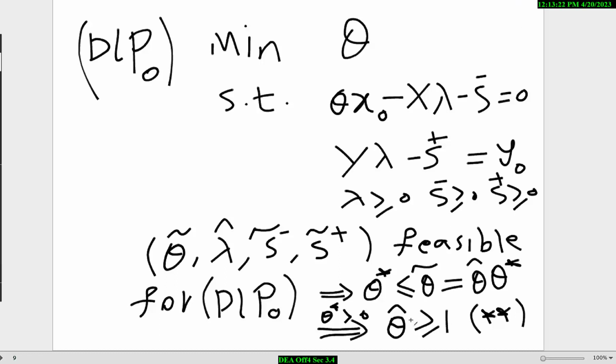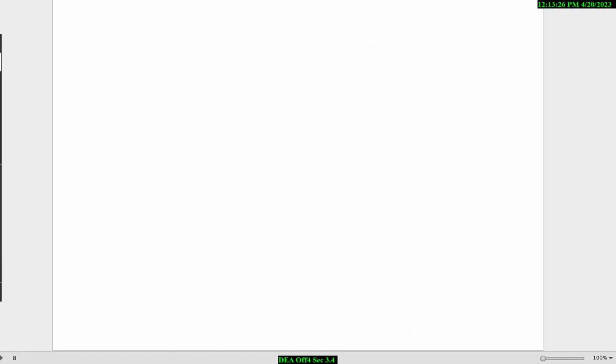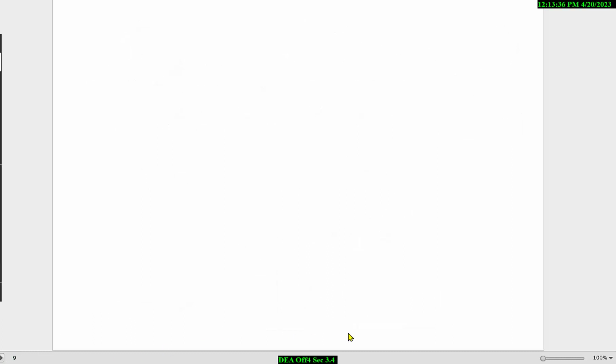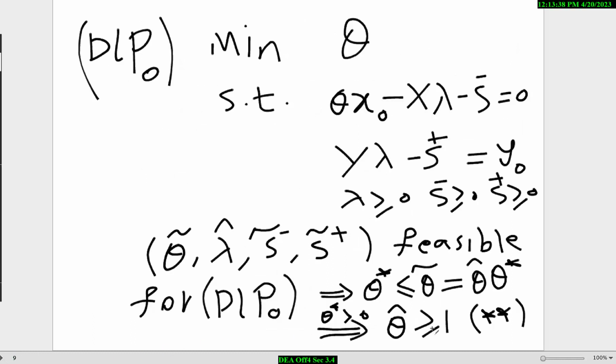We showed before theta hat is less than or equal to 1. Here theta hat is bigger than or equal to 1, so it is equal to 1.